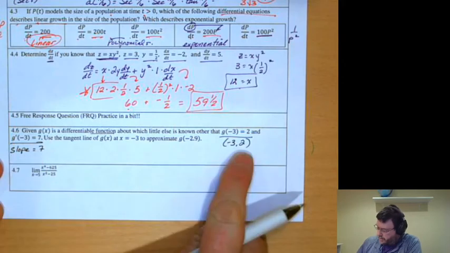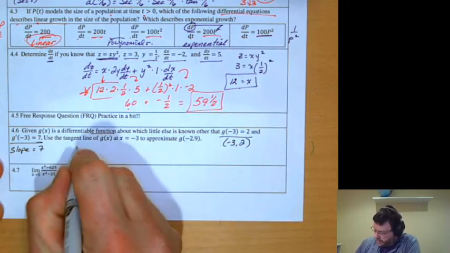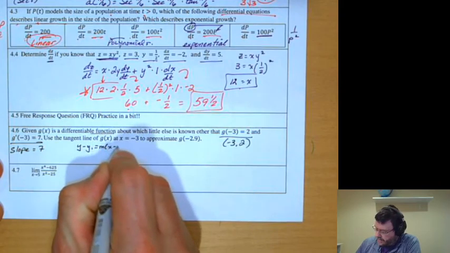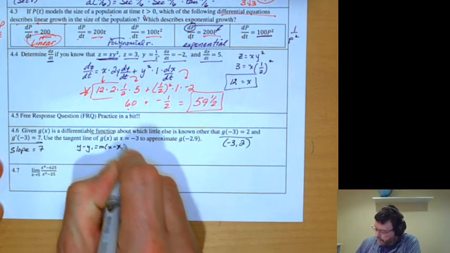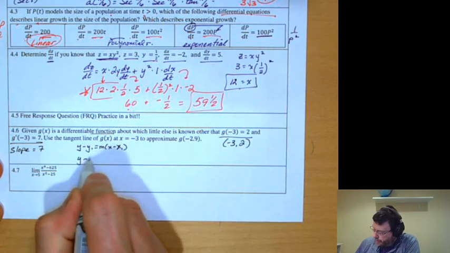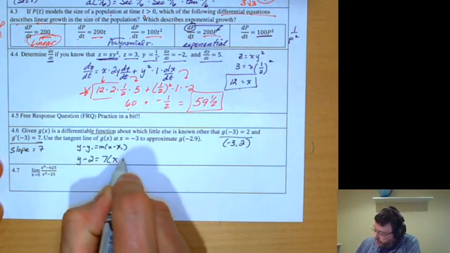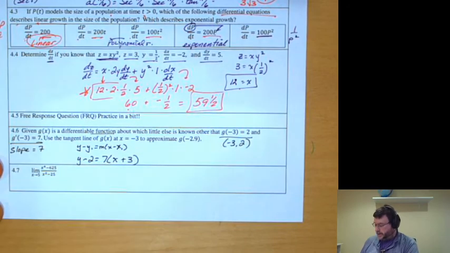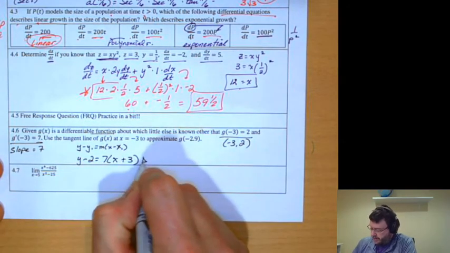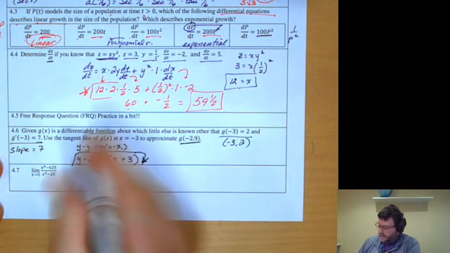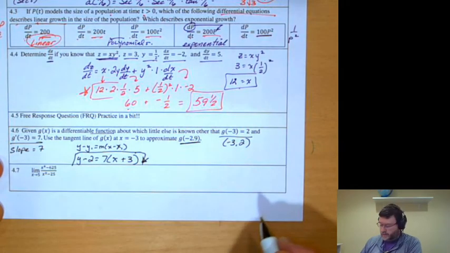So let's create a tangent line with this. We have y minus y1 equal to m times x minus x1. So we get y minus 2 is equal to 7 times x plus 3. Now, this is your tangent line equation. Great. Approximate that at -2.9.